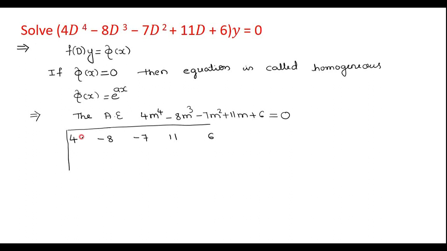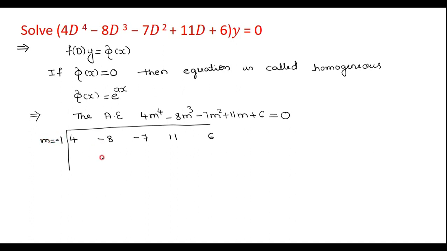Find the value of m for which this equation is satisfied. Note that if I put m equal to 0, we get +6, so 0 is not a root of the equation. So go for substituting m equal to 1. Again we see that it is not equal to 0. Then verify for m equal to -1.